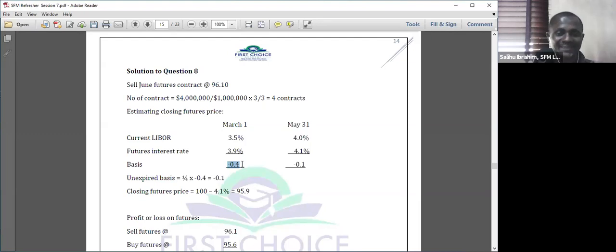And which futures did we buy? We bought June futures. So it's expected that the basis should be 0 on the day that the futures will expire, meaning that on that day both the spot rate and the futures rate should be the same.